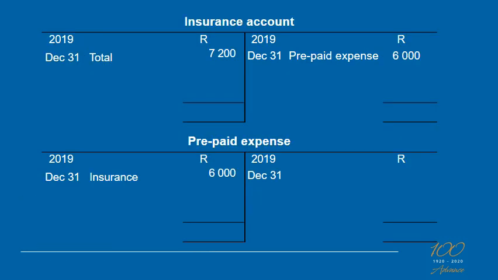In my insurance expense account, I had a total of 7,200. I need to deduct from that the 10 months, that is a prepaid expense of 6,000, and that will correspond with the debit entry in the prepaid expense asset account of 6,000 Rand.